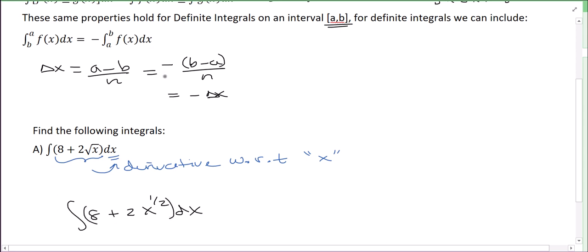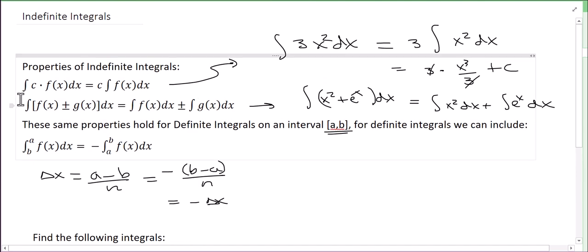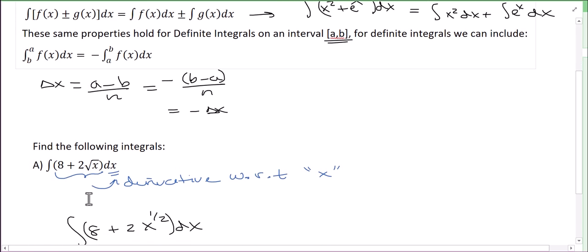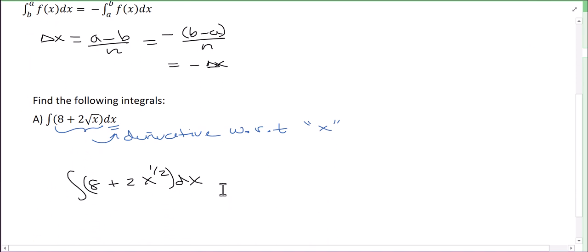And so here it's really the second property. I have 8 plus 2 root x, so I can split them up if I wanted to, or you can just do it all in a single line. But really, without writing the steps, that's what we're doing. We're splitting up the integral. So this will be just 8x plus, and then for the antiderivative of this, we can use the general power rule.